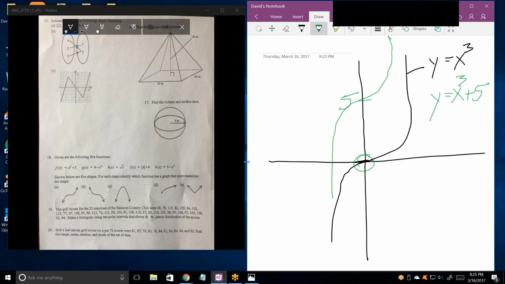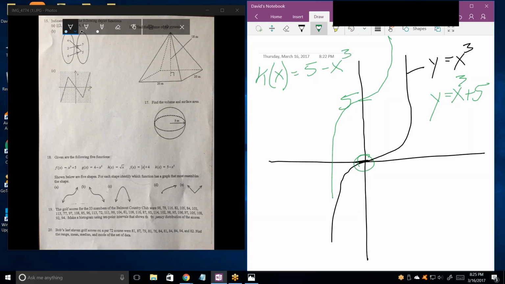Now, why does B look different? The only thing left for B is k of x, which is also a cubic. But notice k of x is equal to 5 minus x cubed. What that minus sign does is reflect it over the x-axis.